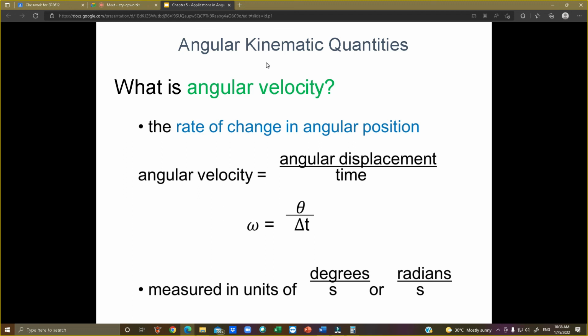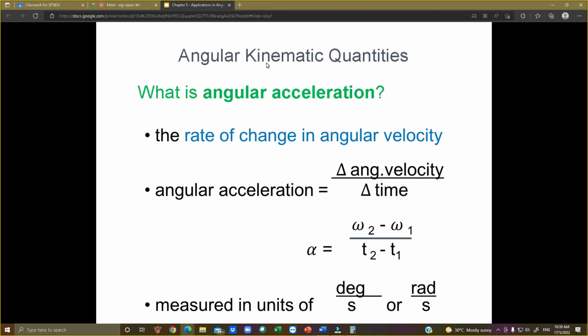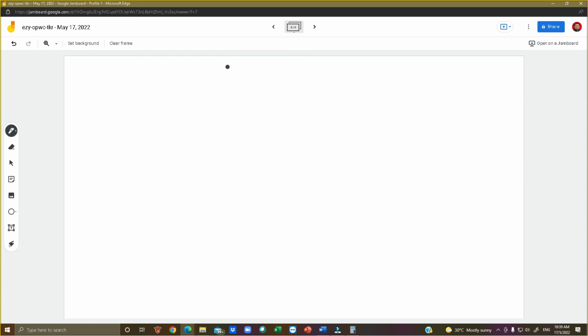Omega equals to theta over time. Right. Next one is angular acceleration. Okay. Next properties. Okay. Next properties is acceleration.